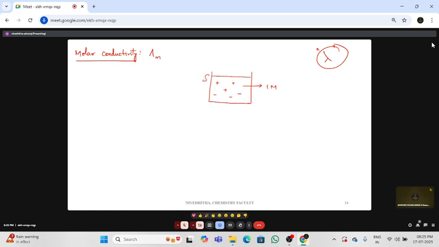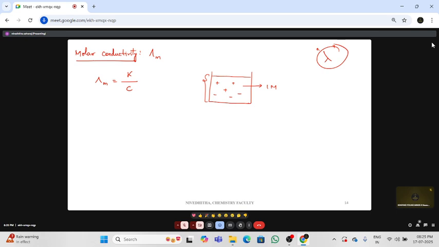These ions are responsible for the conductance inside the solution, right? So conductivity of this 1 molar electrolytic solution is called molar conductivity, and the formula to calculate molar conductivity is kappa divided by concentration.